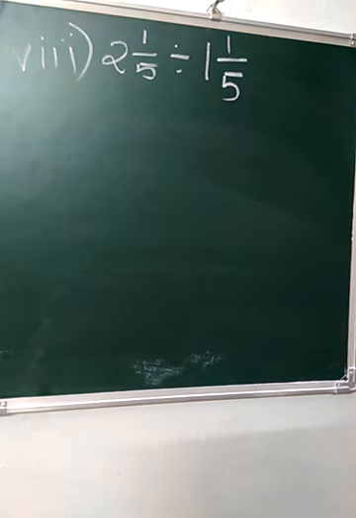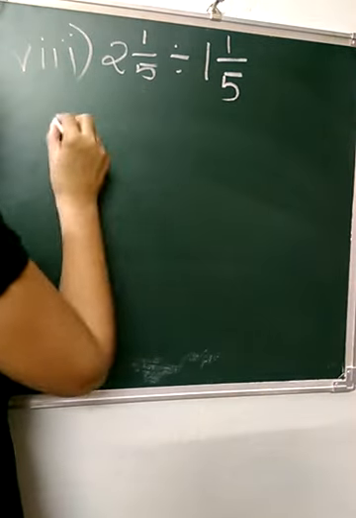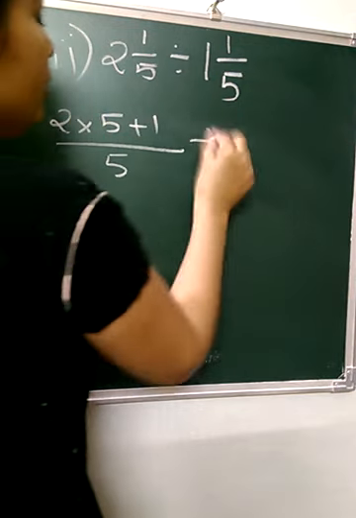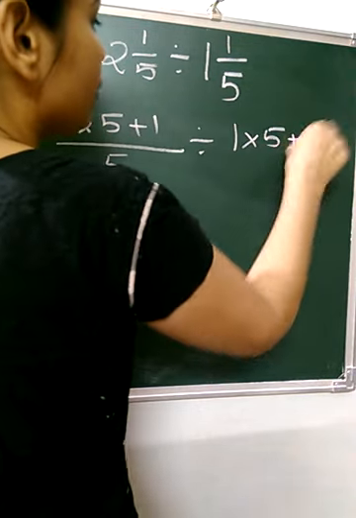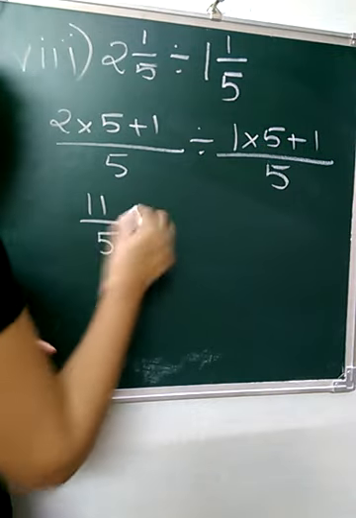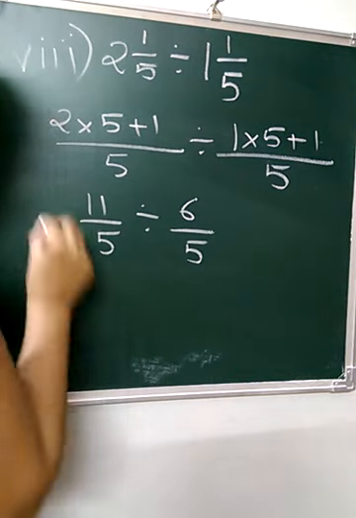Now, the last question of question number 4. We converted into an improper fraction. So 2 into 5 plus 1 whole by 5 divided by 1 into 5 plus 1 whole by 5. 2 5s are 10, 11. 11 upon 5 divided by 1 fives are 5, 6. 6 upon 5.